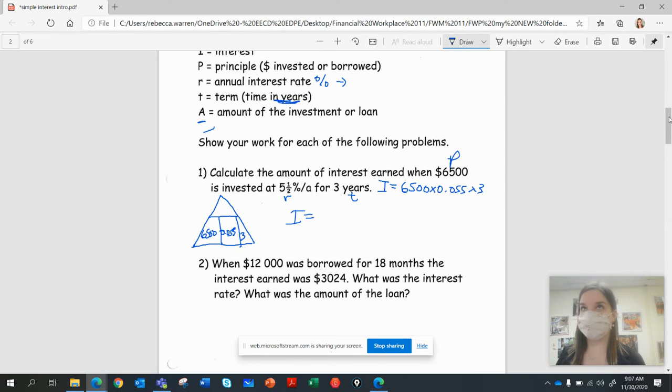Like 1072? Okay. 0.5. Okay. Oh, 0.05. Or like this. 10,725? That can't be. That cannot be correct, because that's more interest than the actual loan was.